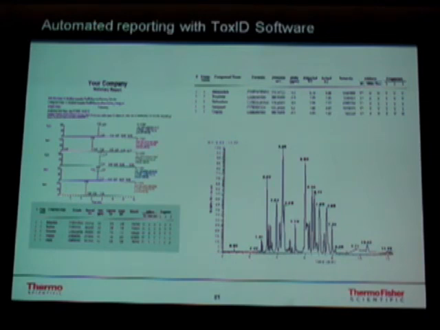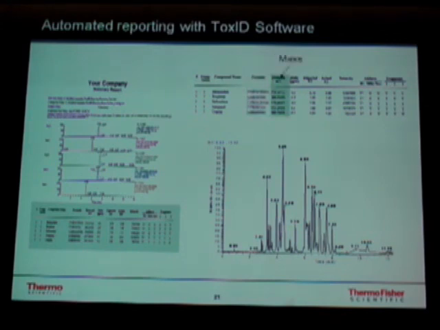It's called ToxID. It gives you different kinds of reports. This is just one example of a report where it is showing the drugs that are identified with the extracted ion chromatograms, the names of the drugs. So for example, the name of the drug is here, what was identified in one particular sample. It also gives you the formula that is extracted from the database.